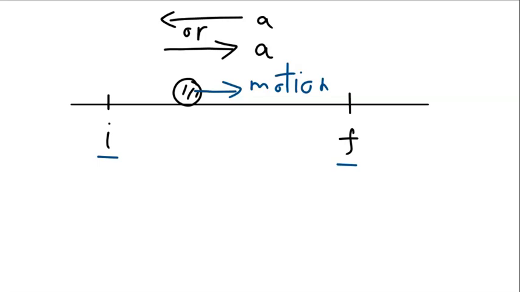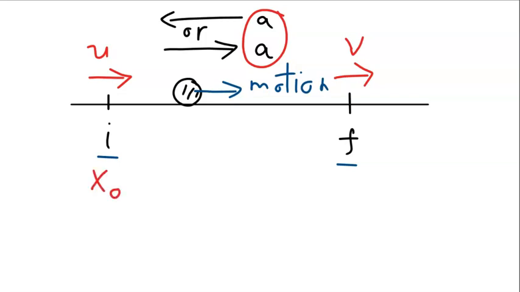Important parameters or variables of kinematics are the velocity of the object at the initial point, u, the velocity of the object when it gets to the final point, let's call that v, the acceleration of the object, let it be positive or negative, the initial coordinate of the object, let's call it x0, and the coordinate of the object as it gets to the final point.